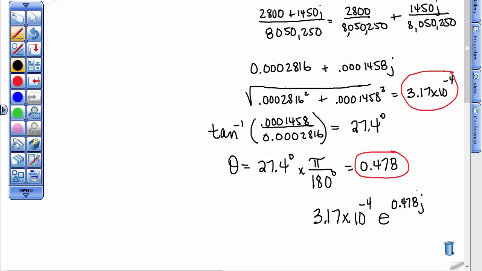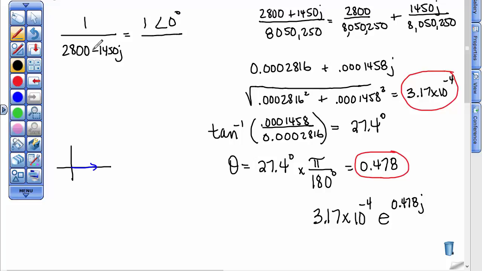0.478j power. I need to tell you that one other possibility, if you thought about doing it this way, was to take the 1 divided by the 2800 minus the 1450j and put these both into polar form. So the vector called 1 is just a vector going this way at 0 degrees. So you could write that as 1 at an angle of 0 degrees.